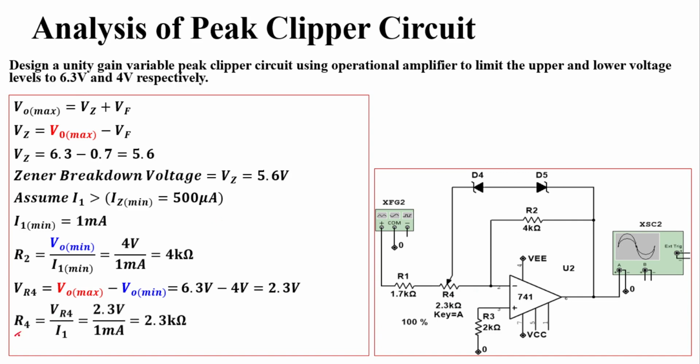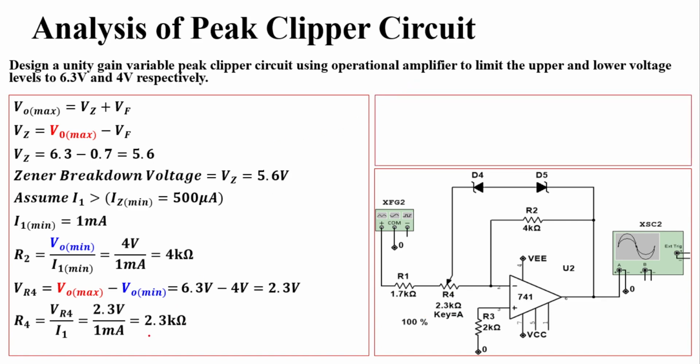So the value of R4 should be VR4 divided by I1, which is the current entering into the circuit. That is equal to 2.3 volt divided by 1 milliampere, and we get the value of R4 somewhere around 2.3 kilo ohm. So we can choose an appropriate potential divider circuit or a variable resistor in place of R4, which should match somewhere around 2.3 kilo ohm.